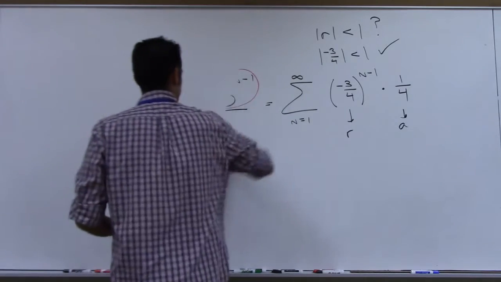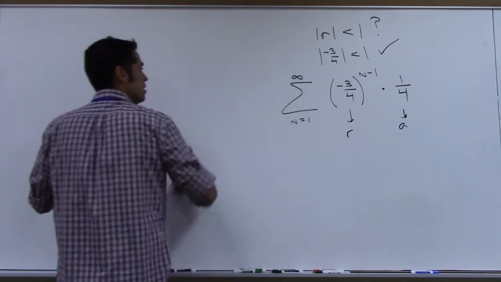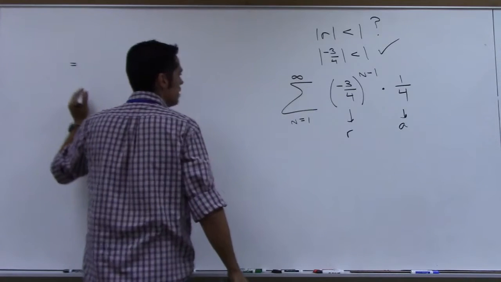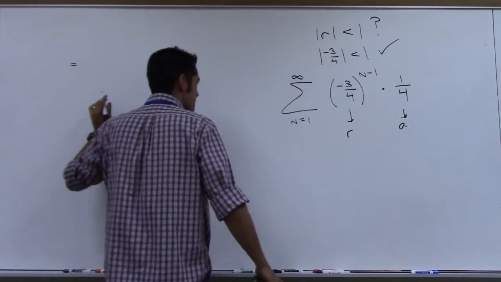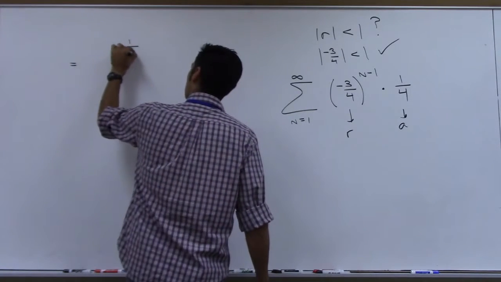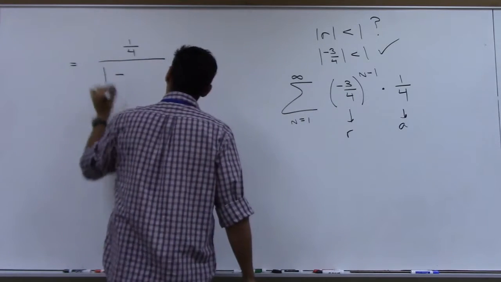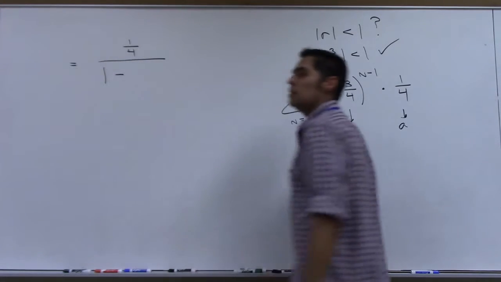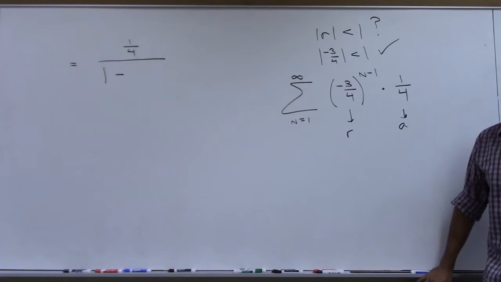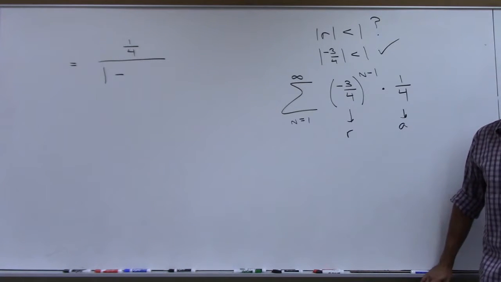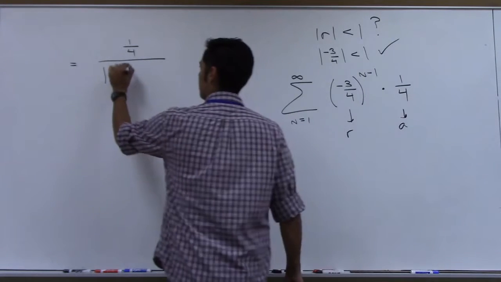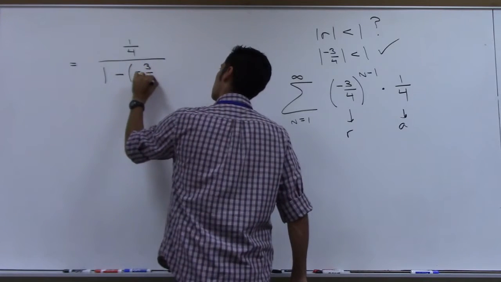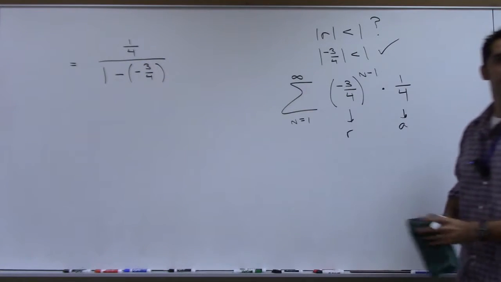A over 1 minus R. So this is going to be equal to A, 1/4, over 1 minus R, not the absolute value of R itself, negative 3/4. So we're going to subtract a negative. It's going to wind up adding. But I just want to make sure everyone sees where it comes from.